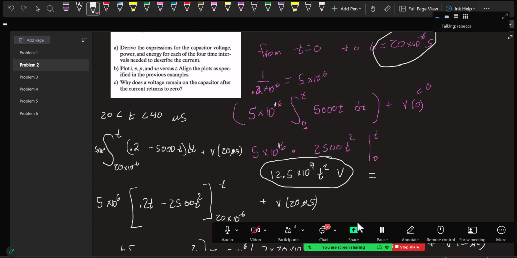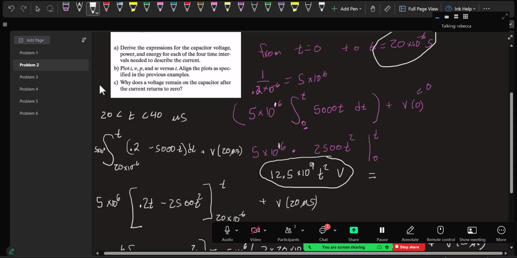If I plug in 20 microseconds there, I get 5.